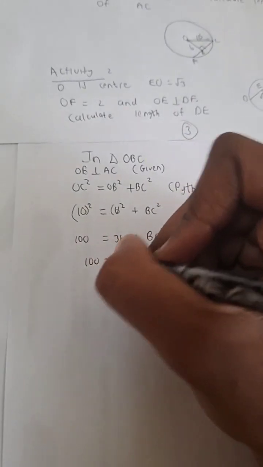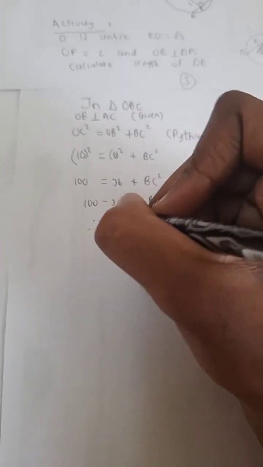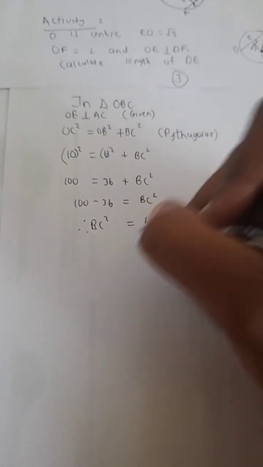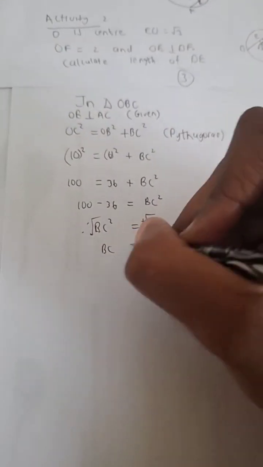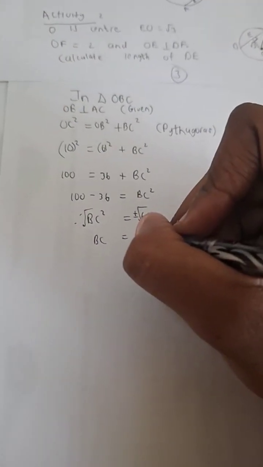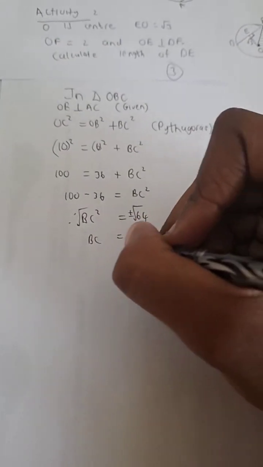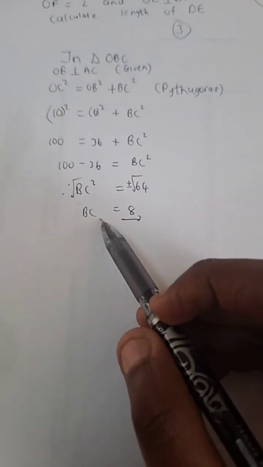We can transpose the 36 and isolate BC squared. When BC squared is in isolation, it's very easy to get the 64, then take the square root on both sides. We know that BC, because it's a positive length, I'm not even going to bother writing the plus minus part, I'm just going to write the 8 for BC. So BC is 8.